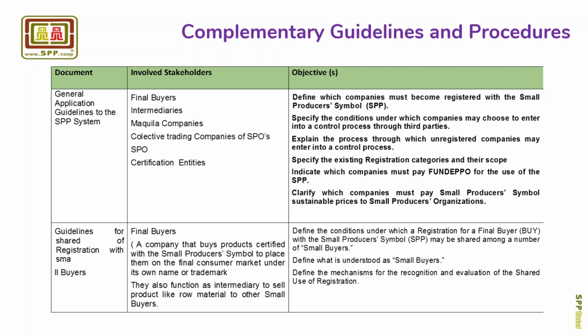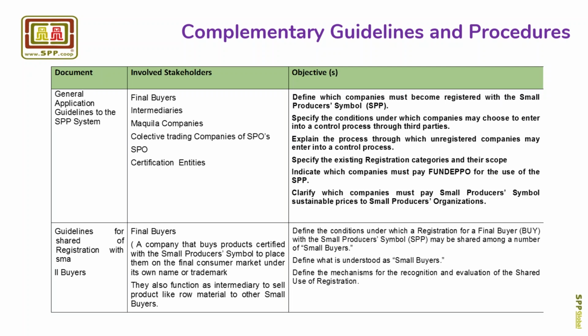Number 3, explain the process through which unregistered companies may enter into a control process. Specify the existing registration categories and their scope. Indicate which companies must pay SPP Global for the use of the SPP. Clarify which companies must pay small producer symbol sustainable prices to small producer organizations.